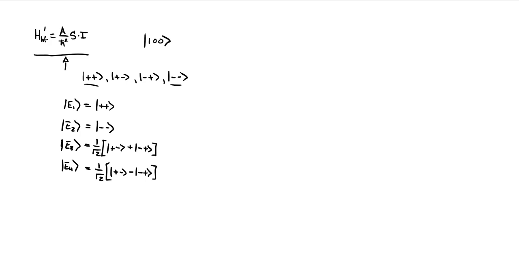And the first order energy corrections were these. The three states we would call the triplet states, because there's three of them that stayed together, were all shifted up in energy by that constant A divided by 4.